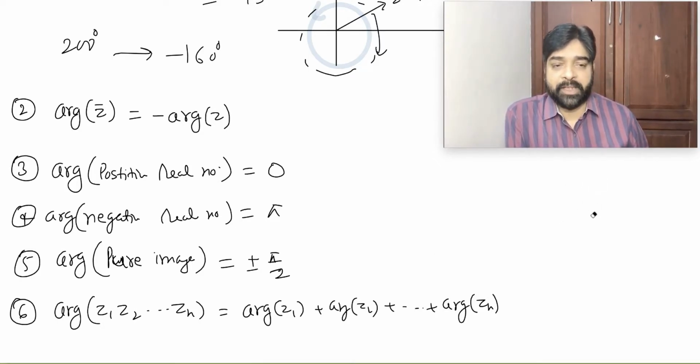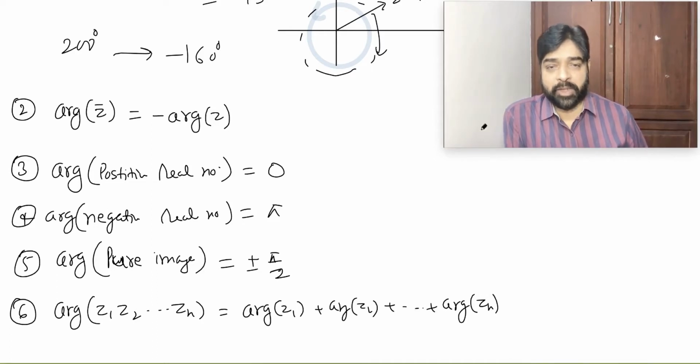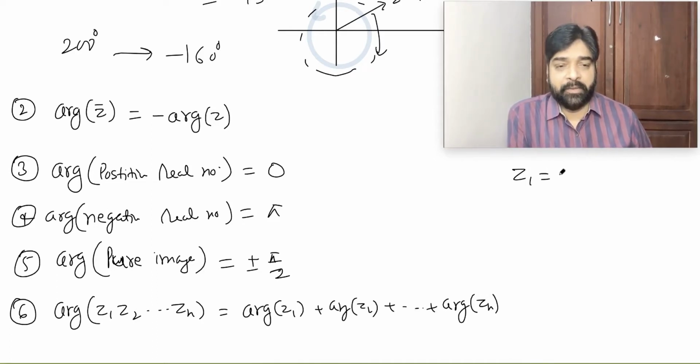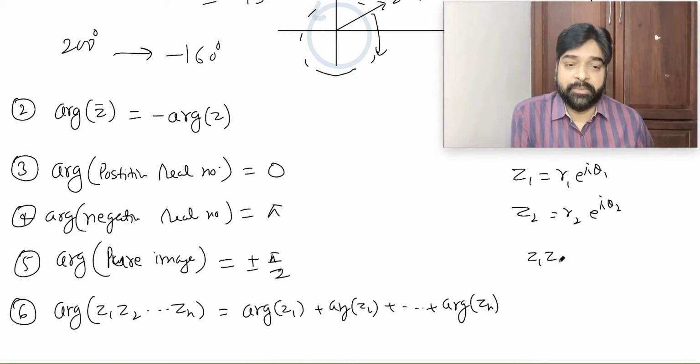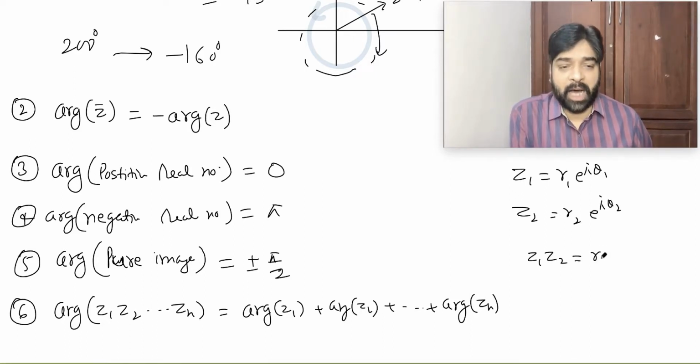To explain, I will take just two complex numbers. Suppose Z1 equals R1 into e power i theta 1, and Z2 is R2 into e power i theta 2. Z1 Z2 is a complex number, yes or no? So Z1 Z2 will be R1 R2 into e power i times theta 1 plus theta 2.